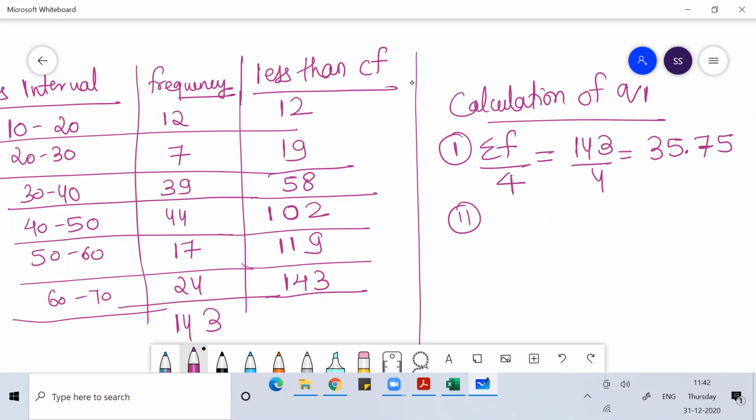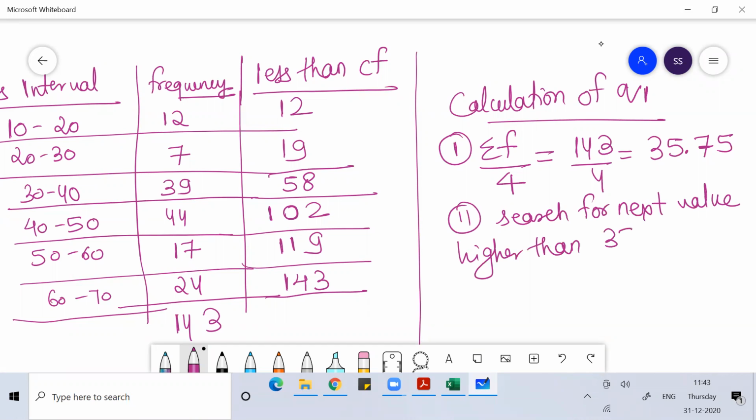Okay, then the same thing we did for median, I'm just doing the same thing here. Once you understood the median, quartile is not a big thing for you to understand. Once you get this value, you'll search for the next value higher than 35.75 in the less than cumulative frequency table.